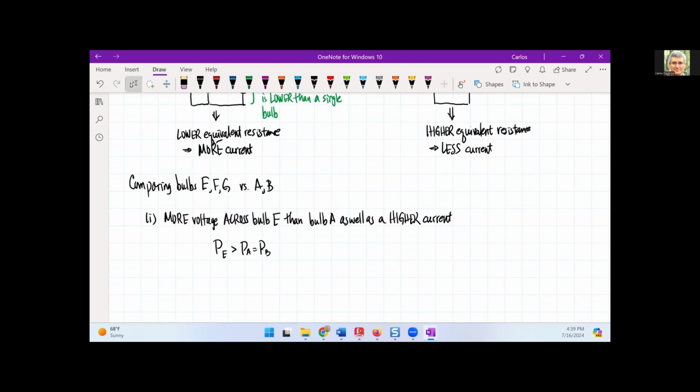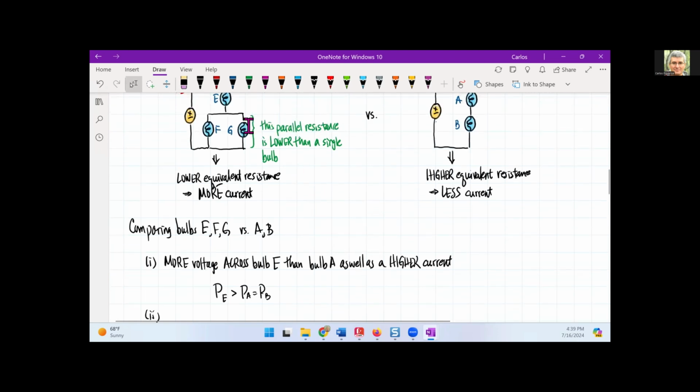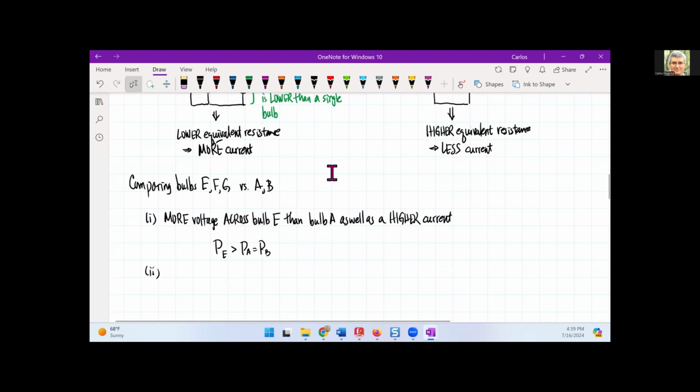So now let's go look at bulbs F, G, and B. Now what you're seeing here is that this is a smaller resistance. If it's a smaller resistance across F and G, and they're in parallel, they have to have less voltage. So let's look at that.